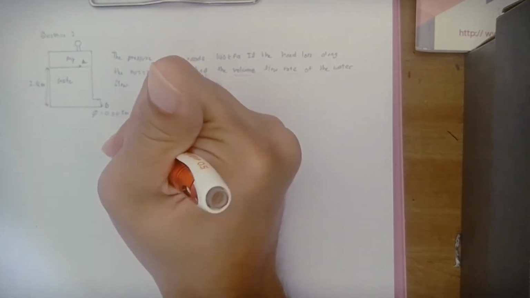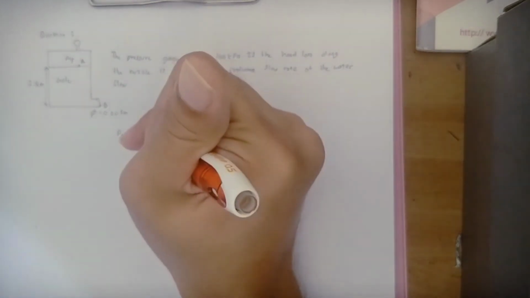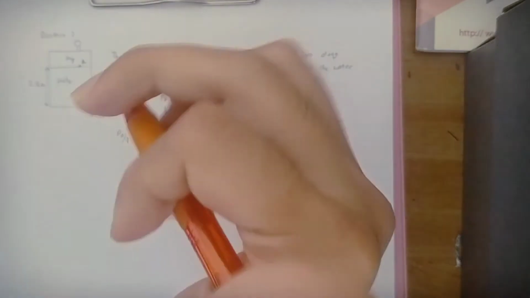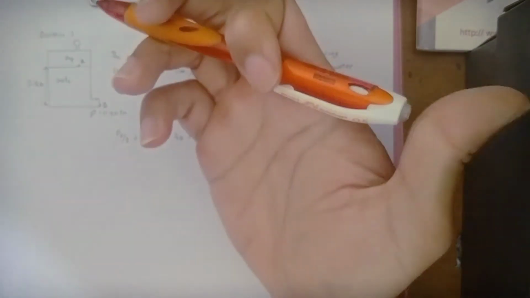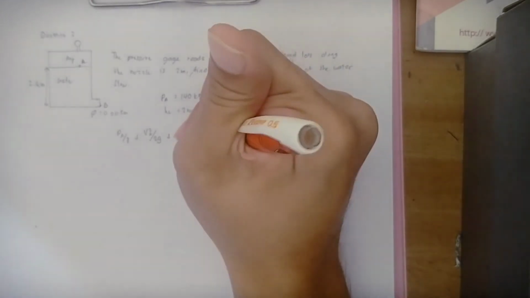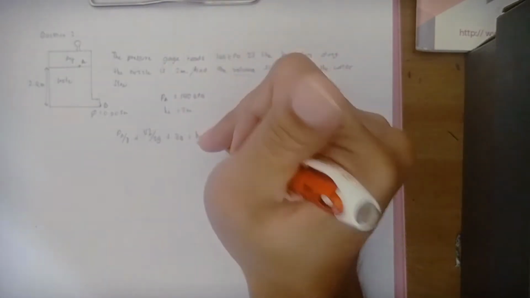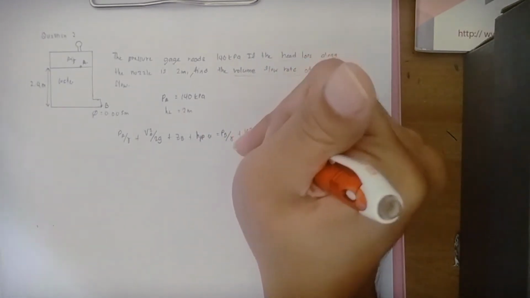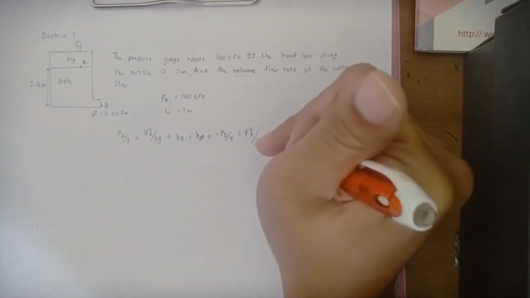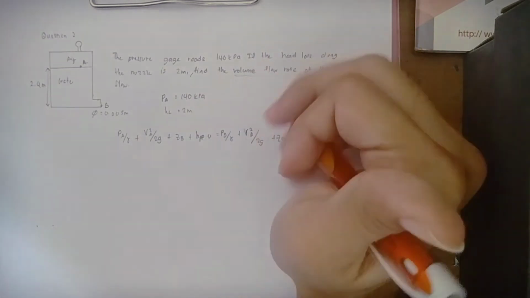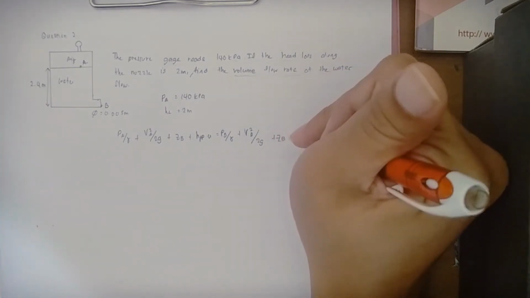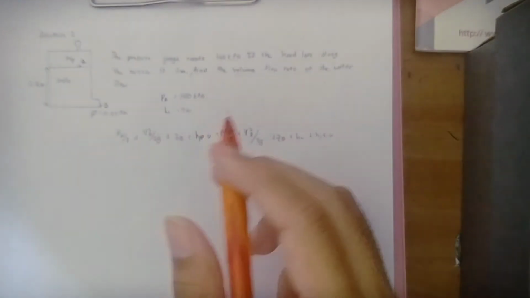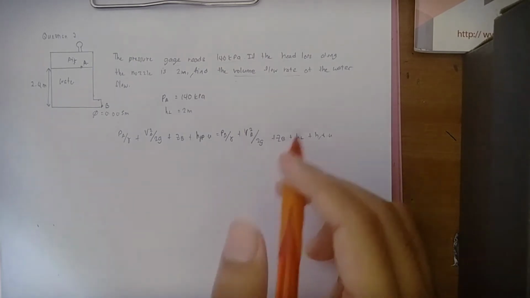PA over lambda plus VA squared over 2g plus ZA equals PB over lambda plus VB squared over 2g plus ZB plus HL. And then cut down all the unused information.